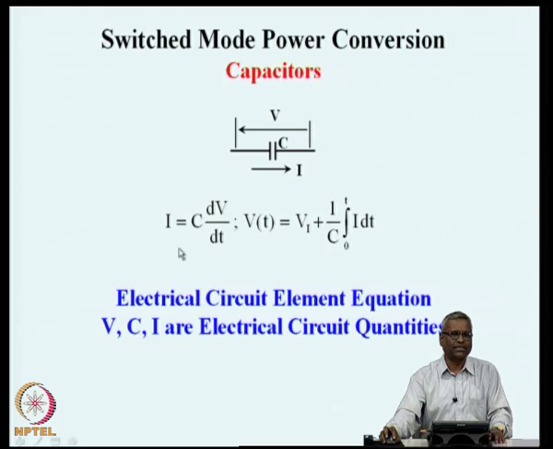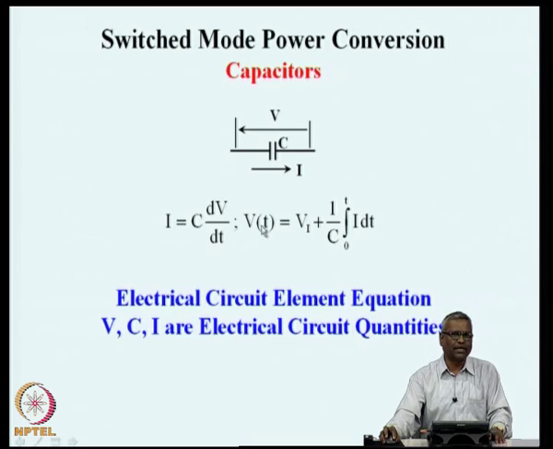The inverse relationship of this is that the voltage across a capacitor is equal to Vi, the initial voltage at t equal to 0, plus the quantity of charge that is supplied to the capacitor divided by the value of the capacitance.